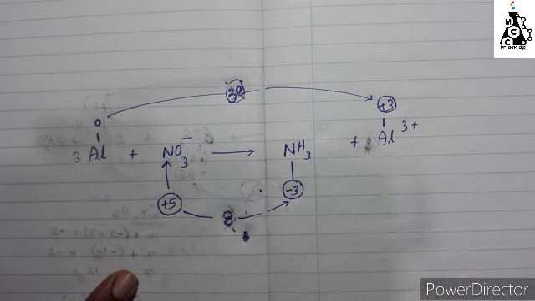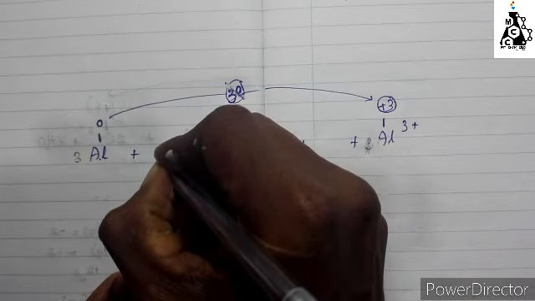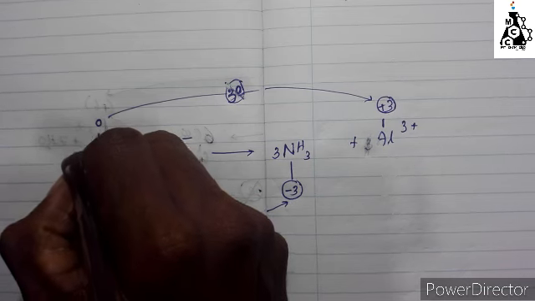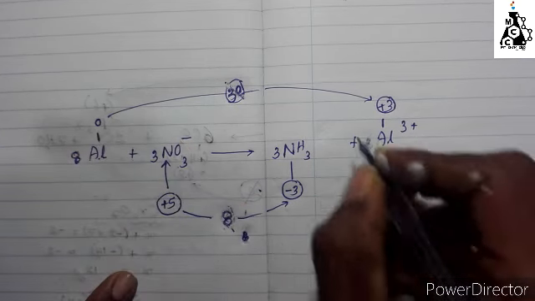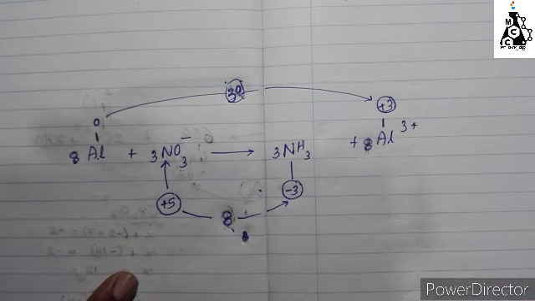Now we cannot simplify 8 and 3. Because of that, you have to exchange both of these numbers. Alright, you have to add 3 here, and you have to add 8 here. In basic medium, you have to add OH- to balance charges.